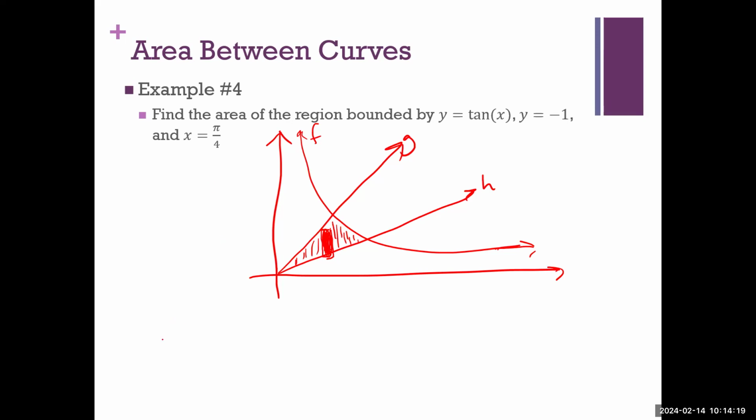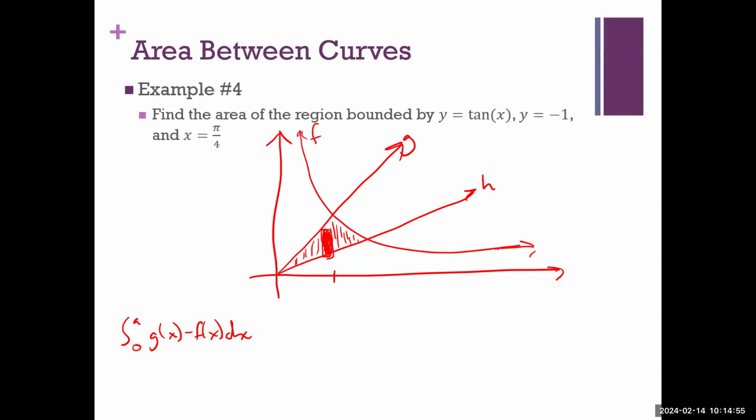So for one of these integrals, I can do the integral from 0 to whatever, let's call this A, of what? You said G minus F? G of x minus F of x dx. I think that will give us the area for anything to the left of that crossing, because even though I only drew one rectangle, everything over here, we can still say that the upper boundary is G and the lower boundary is H.